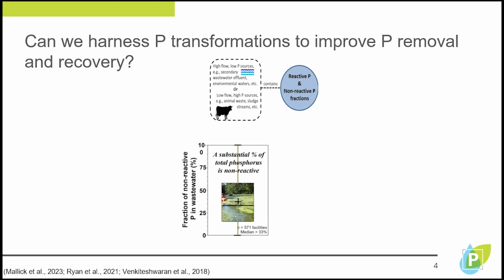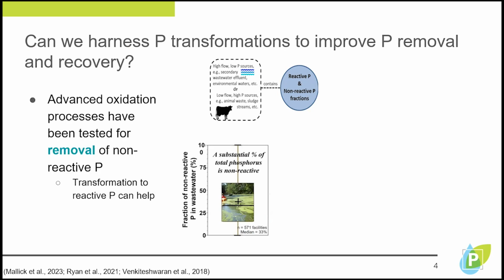Because there is a substantial amount of non-reactive phosphorus in different wastewaters and effluents, we thought, is it possible to harness phosphorus transformations to improve removal and recovery? The basis for that is that there are studies that have looked at recalcitrant non-reactive phosphorus forms and how to get rid of them using things like advanced oxidation.